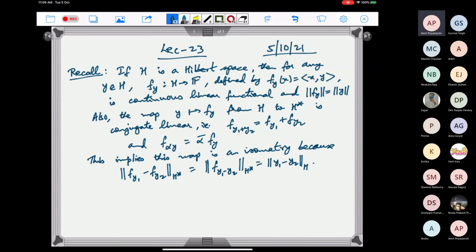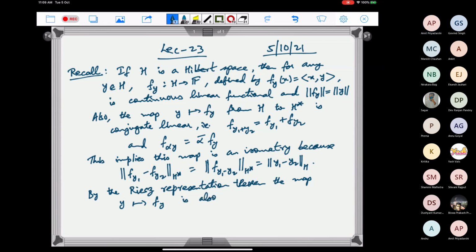Also, an important thing is that by the Riesz representation theorem, the map y going to f sub y is also onto.